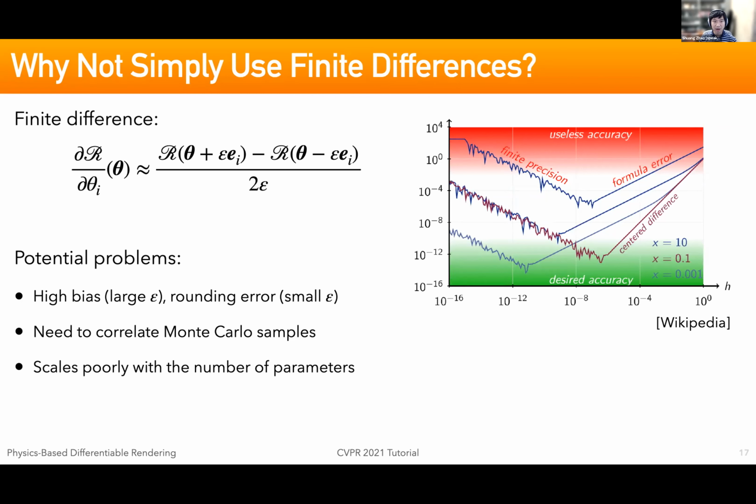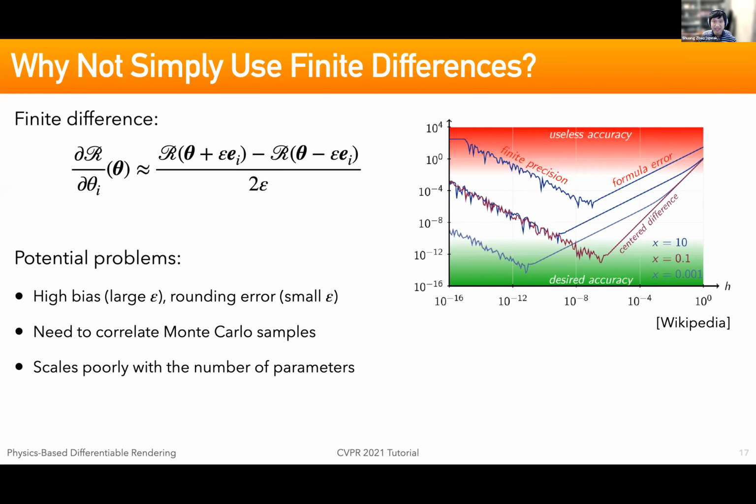Because remember, your R function here, when you do physics-based rendering, can be non-deterministic. So you can have Monte Carlo noise. If you divide R by some very small epsilon, it can make the noise explode. And there are some other details, when you have to correlate Monte Carlo samples when you compute the differences.